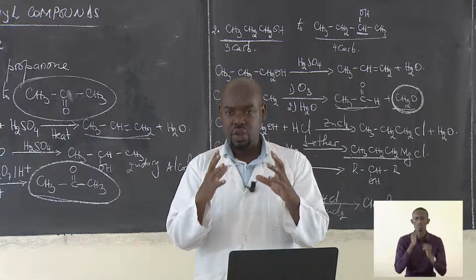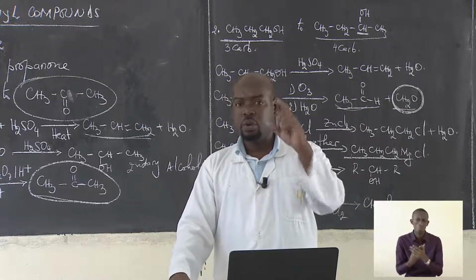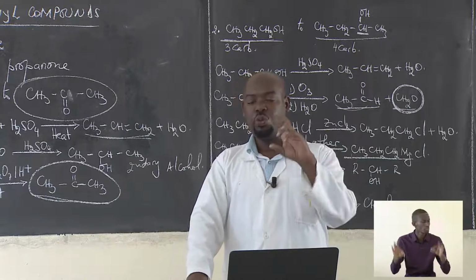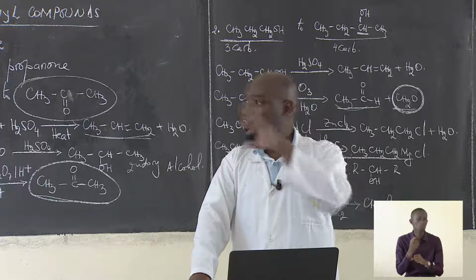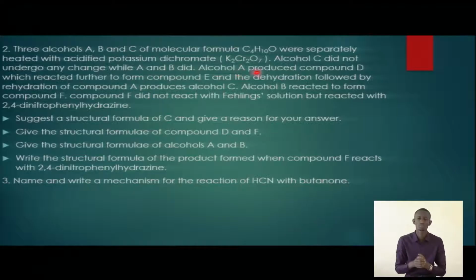Every sentence, every statement which is in the question has something very important to tell us. So we should be very careful with everything which is said there. And alcohol A produced compound D, which reacted further to form compound E. And the dehydration, followed by rehydration of compound A, produces alcohol C.